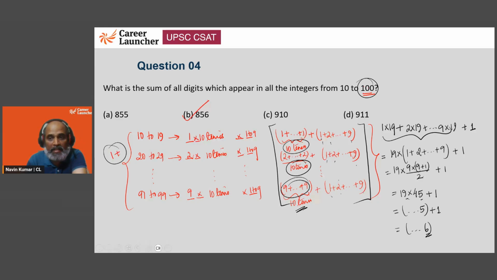Now, why did I choose to look at only the units place and not calculate the entire thing? Because I glanced through the options and saw that each option has a unique last digit.